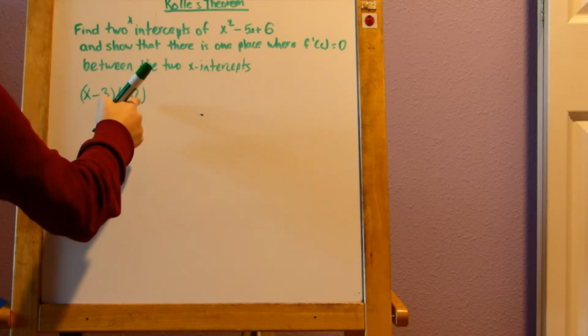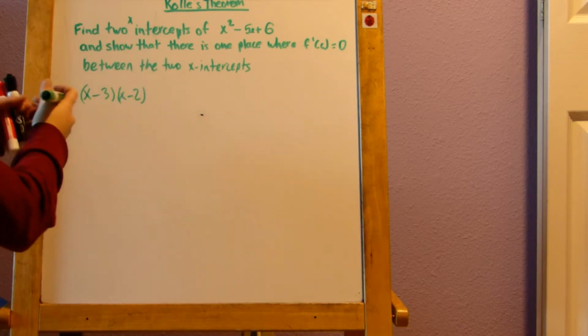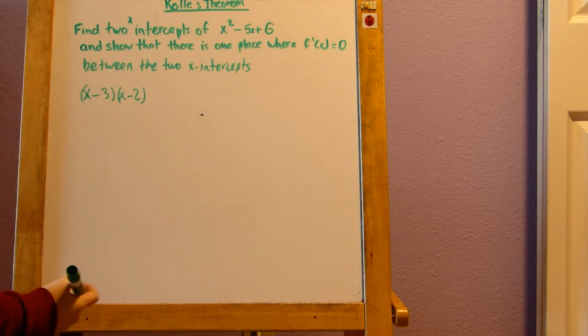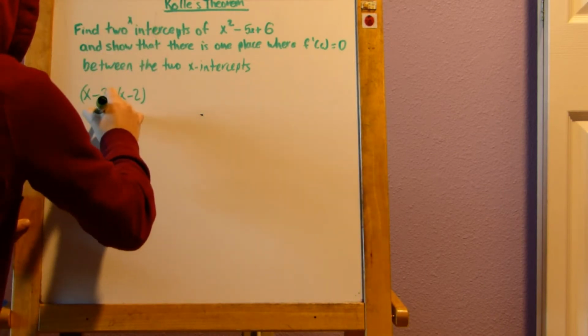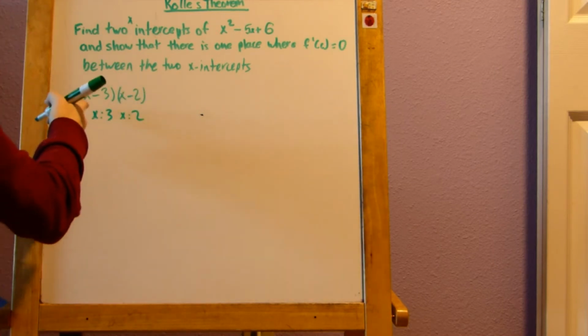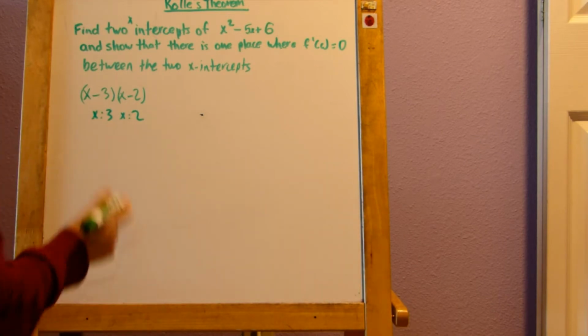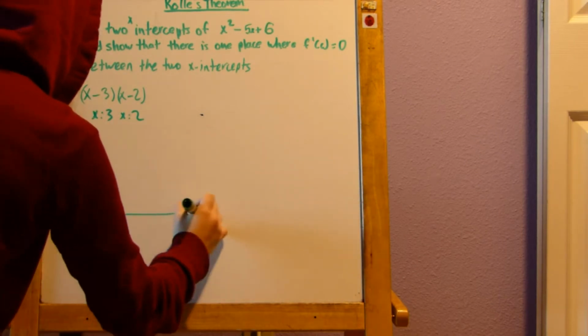Negative 3 times negative 2 is 6. Negative 3 plus negative 2 is negative 5. So here is our equation, but factored. Our x-intercepts are going to be x equals 3 and x equals 2, because if you plug those in, it's going to make the entire equation 0. So let's graph that.